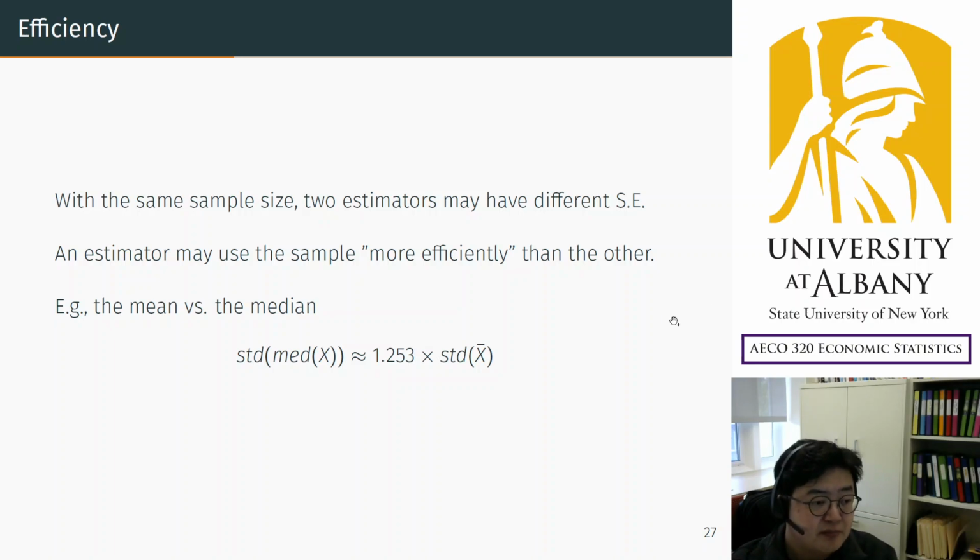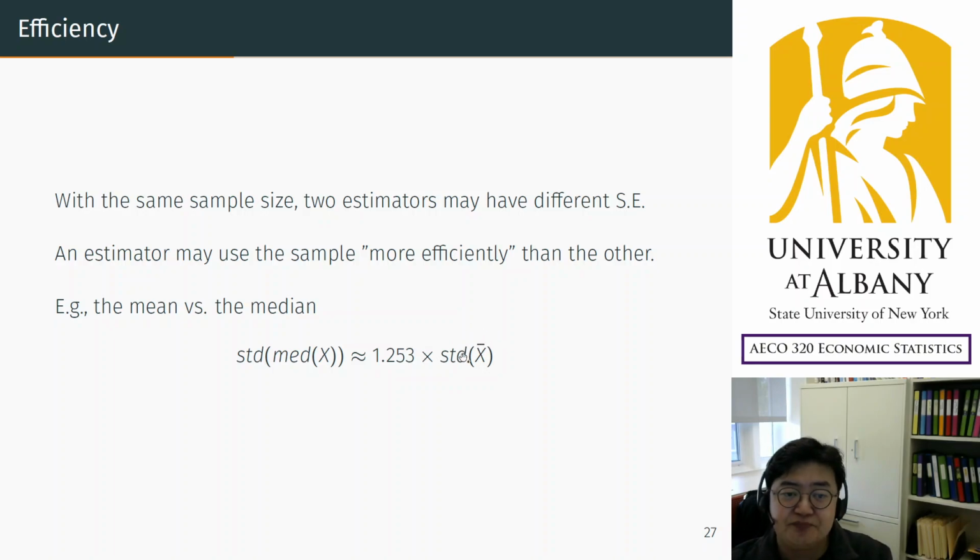For example, how can you compare the mean and the median? Say you are estimating a normal distribution's mean, and you may use the mean or the median from the sample. Which is more efficient? As long as they have the same sample size, we can't tell intuitively, but mathematically you can calculate that the standard deviation of the median is larger than the standard deviation of the sample average.